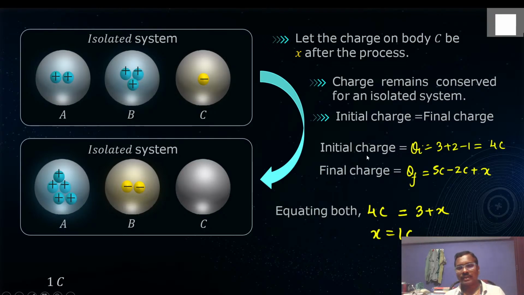So the total of the initial charges is 3 plus 2 minus 1, which is 4C. After the process, the charges are 5C and minus 2C, and this one we consider as x. Since initial charge equals final charge, 4C equals 3 plus x. Then x equals 1. Okay?